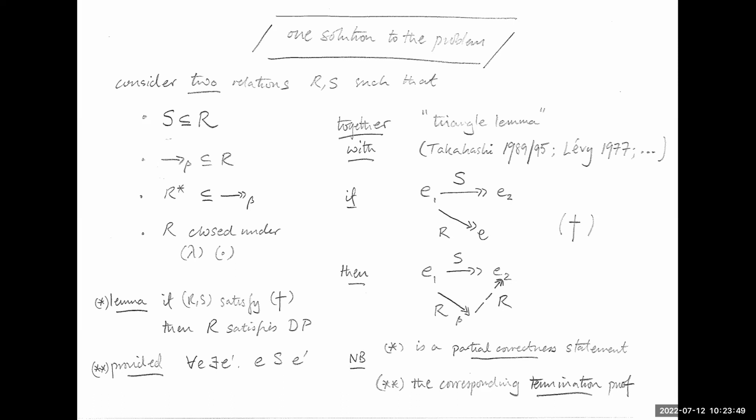So relative to the specification of S, I can draw conclusions about R, provided E2 exists. We can think of that as a partial correctness assertion. If the function were to satisfy S and have an answer, then I could draw the conclusions I want. And then the termination argument is to say, but I can always assume that I have such a value.